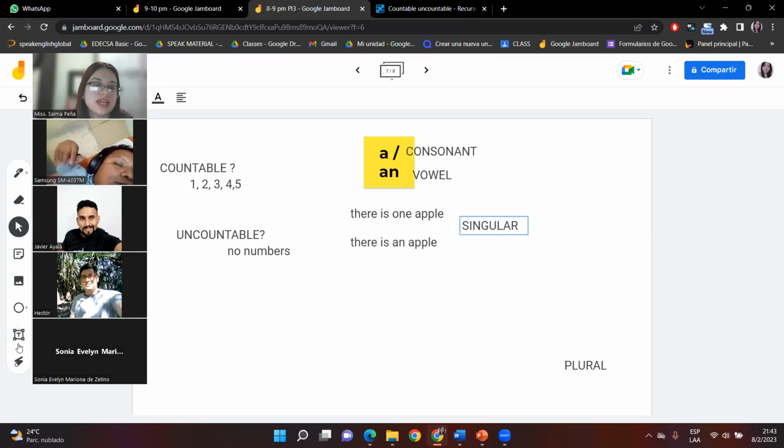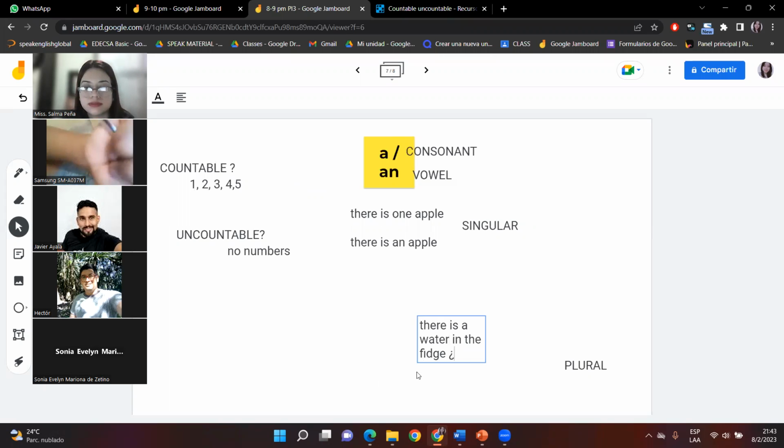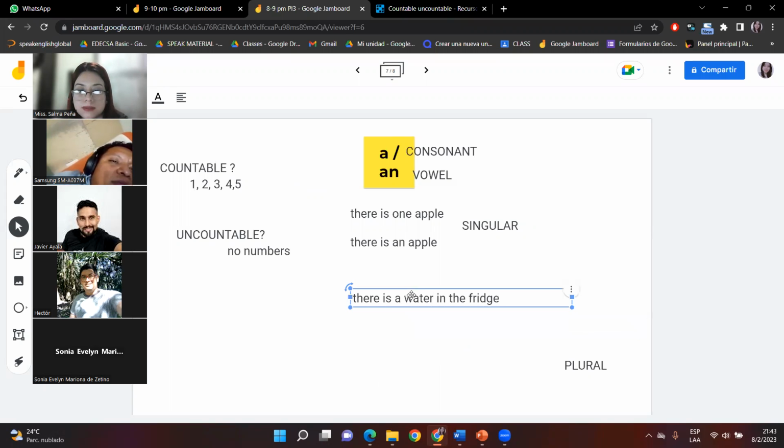So if I say there is a water in the fridge, is that correct? That's wrong. Why? Because the water is not countable, and you have to use some water. There is some water, for example.